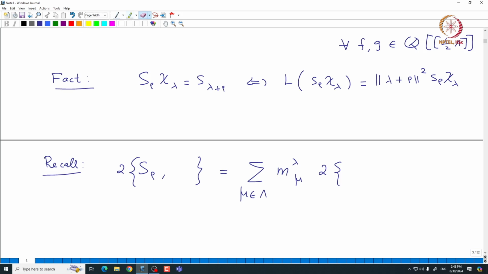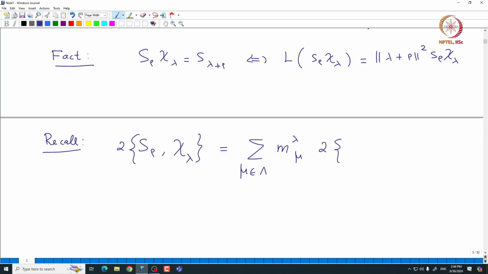Let me write the formula for twice S rho comma chi lambda: it equals the summation over mu in lambda of the multiplicity of mu in V lambda times twice S rho comma e power mu.